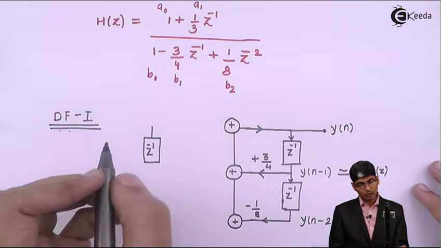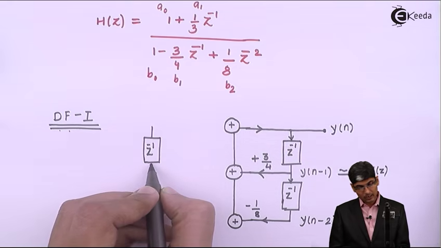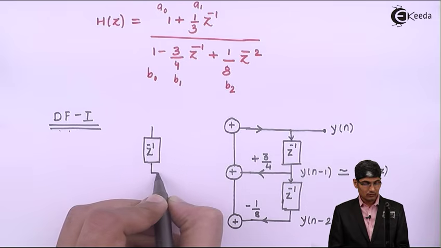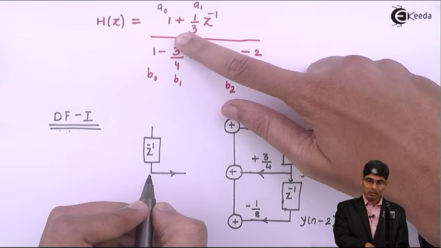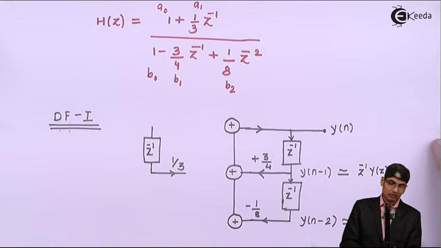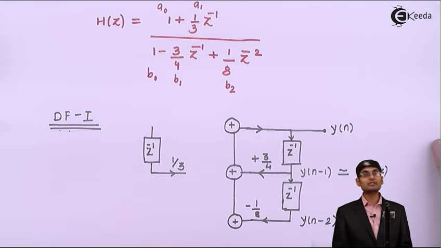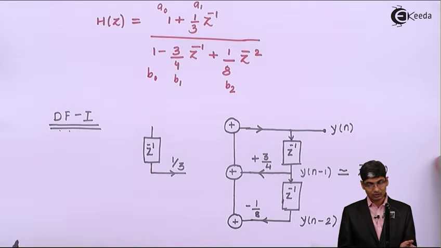Now let us go to the numerator part. In the numerator part, I have drawn one z inverse term, which has a coefficient. If there is a plus in the numerator, then you will not change the sign. You will change the sign if the coefficients are in the denominator. So all denominator coefficient signs must be changed.